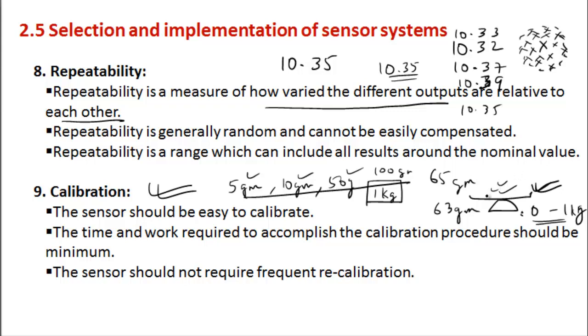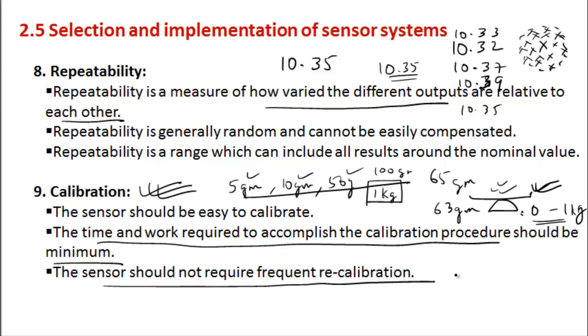But whenever you do the calibration, it should not take a very long time, otherwise you are losing the work time of the robot. So the time and work required for the calibration process should be as minimum as possible, and at the same time the sensor should not require frequent recalibrations.